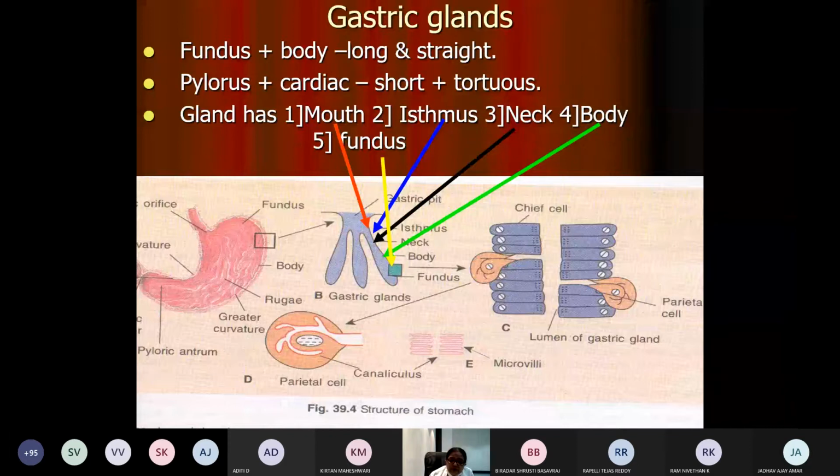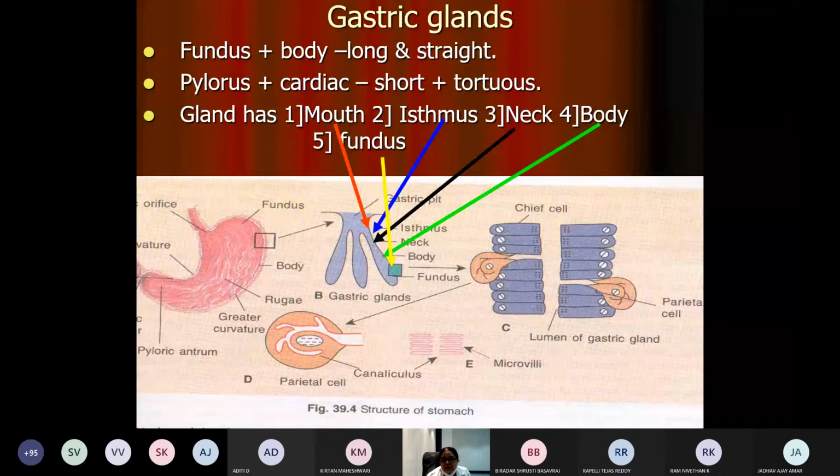Gastric glands diagram here showing structure of the stomach. What you are seeing in between, that is the gastric glands. In fundus plus body, they are long and straight. In pylorus plus cardiac, short and tortuous.